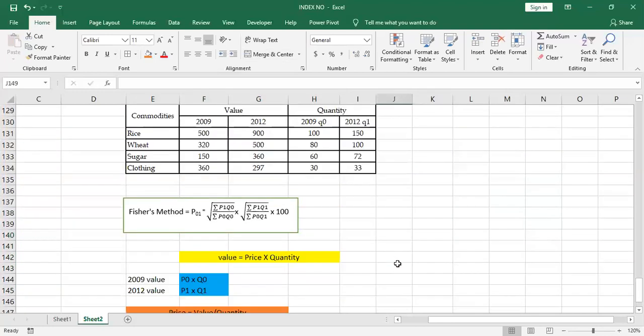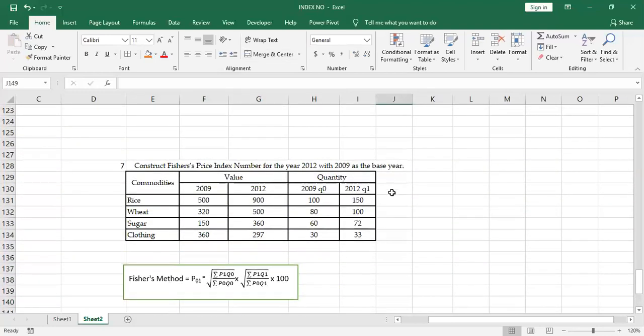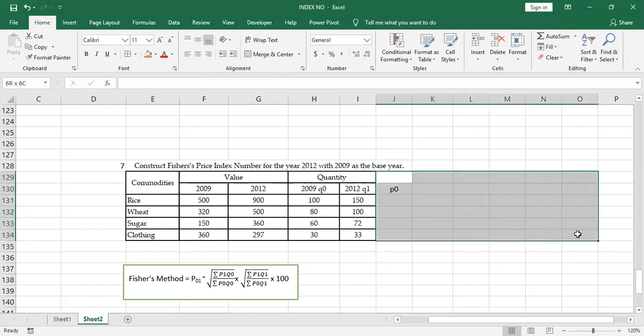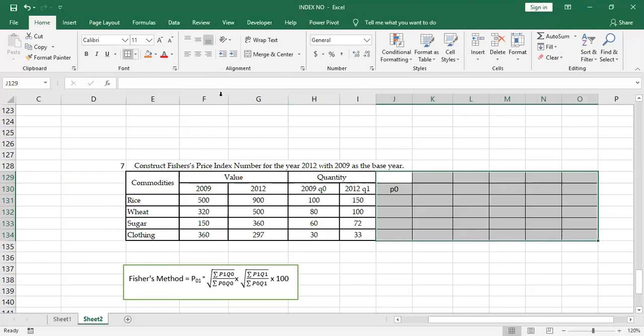First we will find the price for 2009, in the sense we'll find P0. What is P0? P0 is the price.